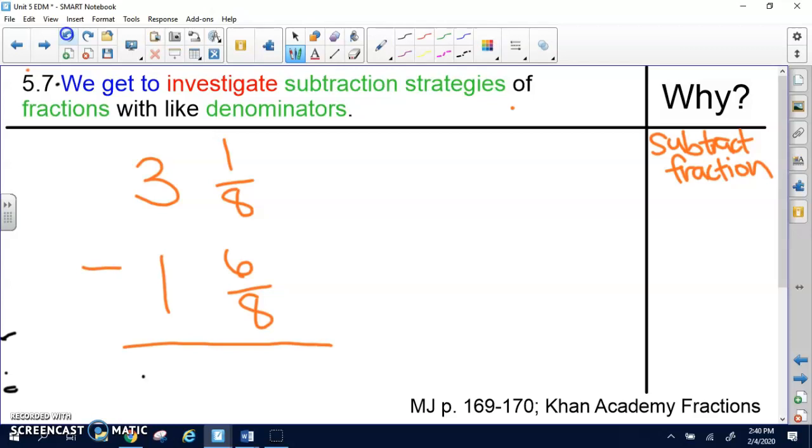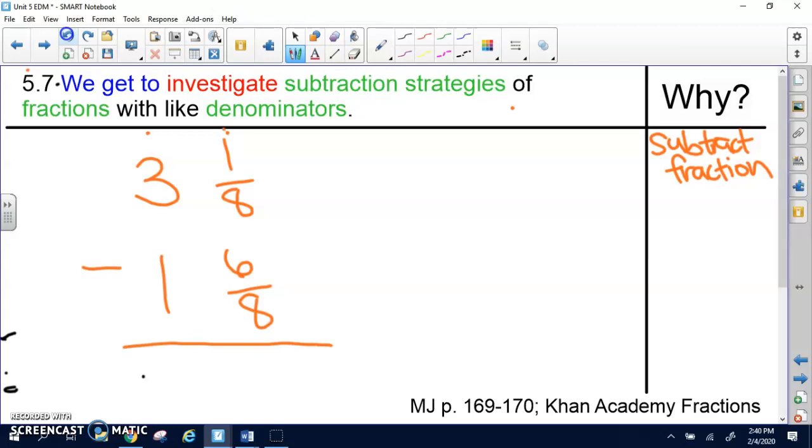Just traditionally, we've been looking at everything like in place value, right? And fractions, when it comes to these mixed numbers, they carry their own place value. This is the ones place. Everything below this line is the fractions place.